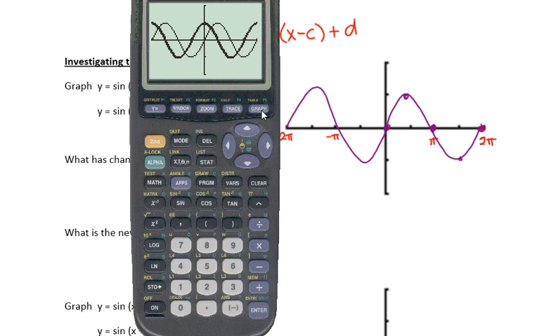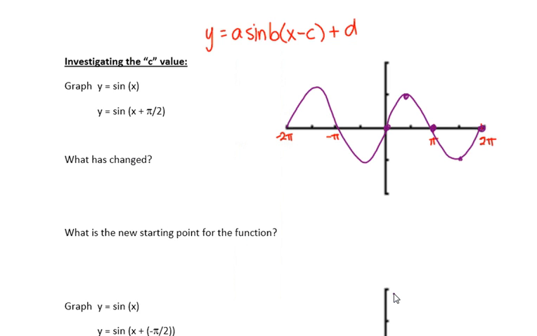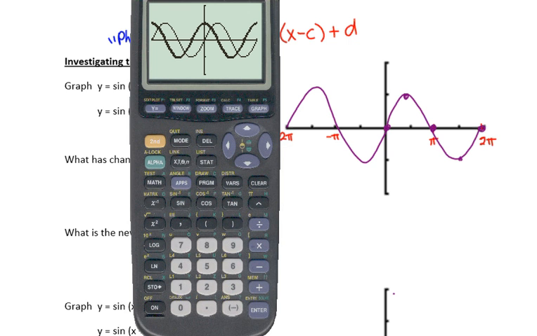It's called a phase shift. So the C value is actually going to be what we call a phase shift. It shifts the graph left or right. Okay? Now in this case, did the starting point shift to the left or to the right? It's the closest point so that it repeats itself, the same pattern.